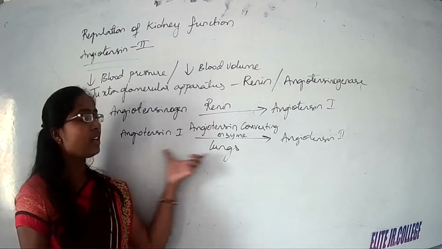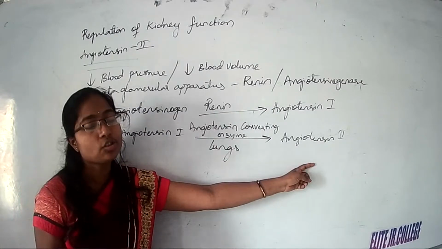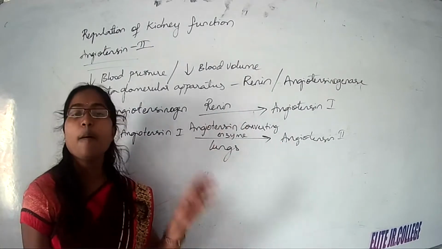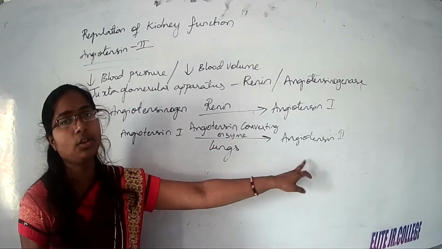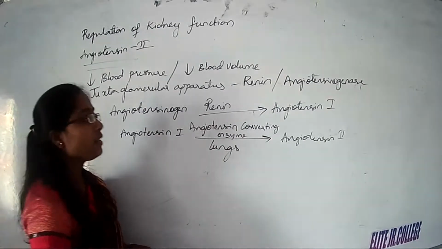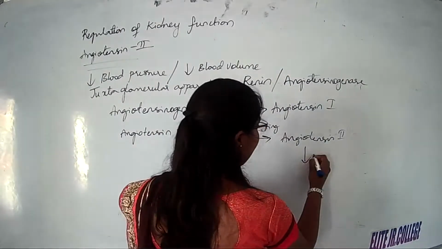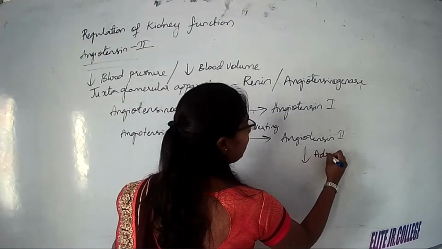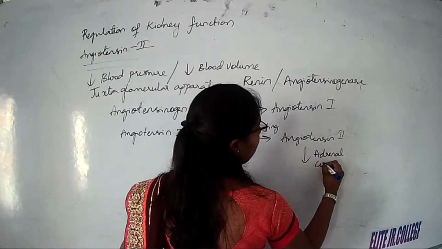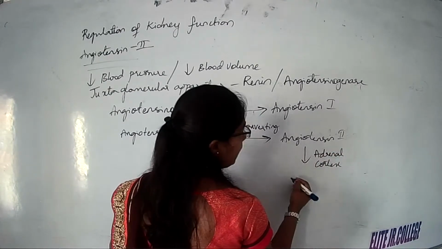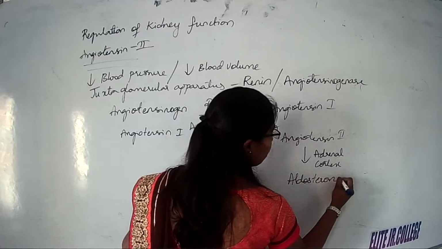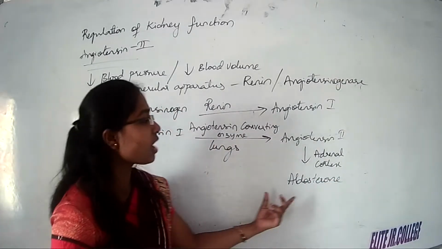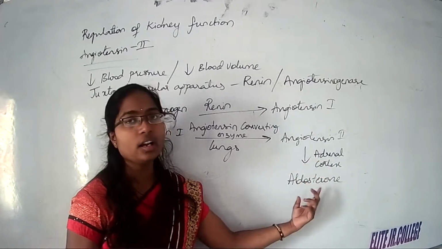Now this angiotensin 2 is going to stimulate the adrenal cortex to release the hormone which is called as aldosterone.